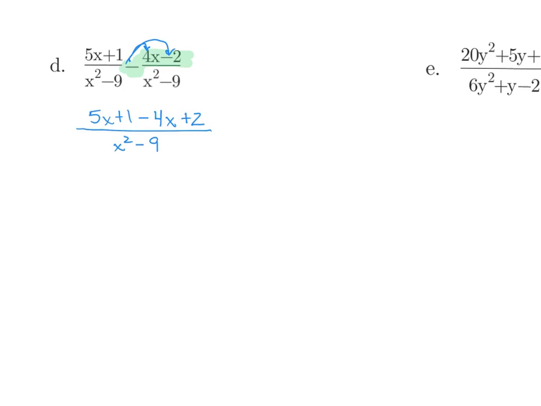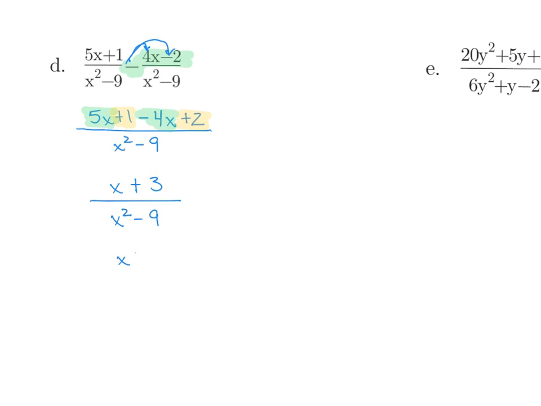And then now if we go ahead and combine our like terms, we have 5x minus 4x is x. We have plus 1 and plus 2 combined to give me plus 3 over x squared minus 9.